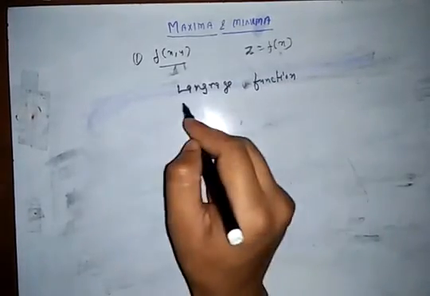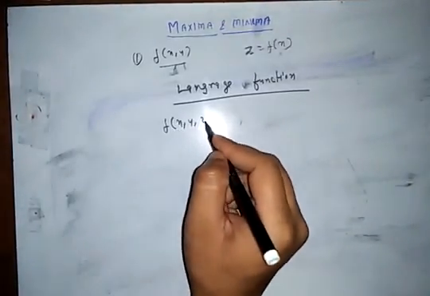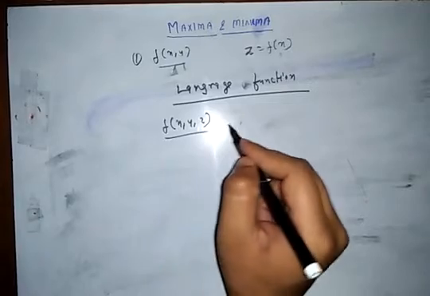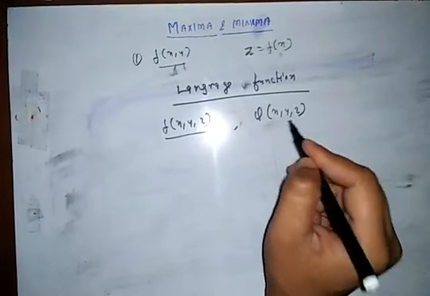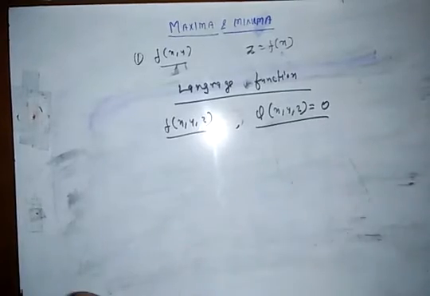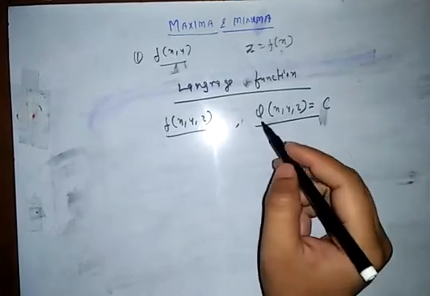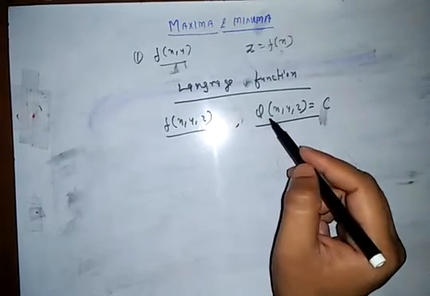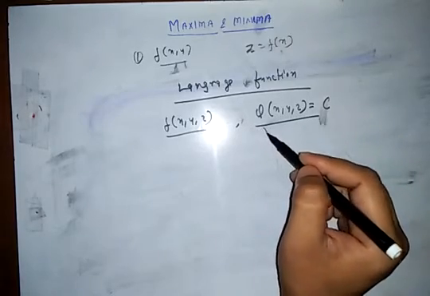You are given f of x, y, z, and a condition phi of x, y, z equal to c, some constant, and you have to find the maxima and minima of the function.